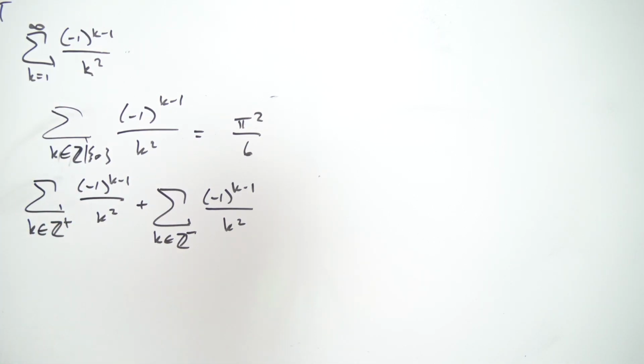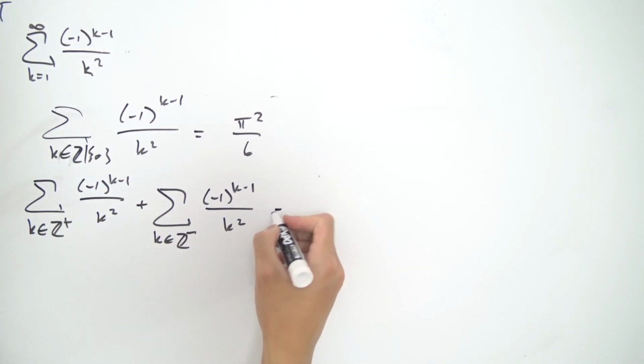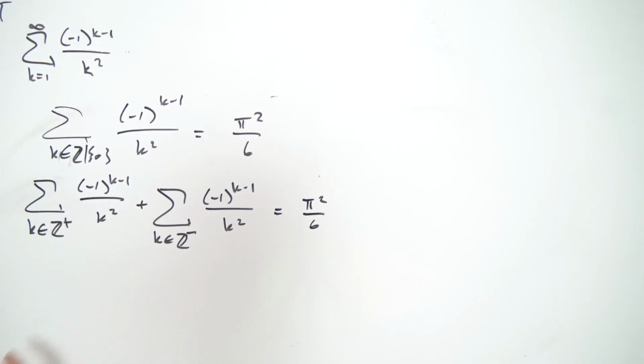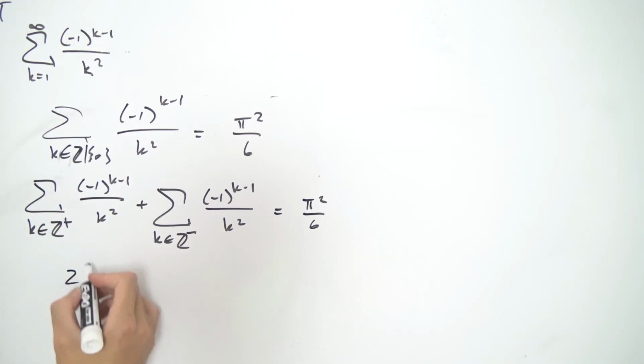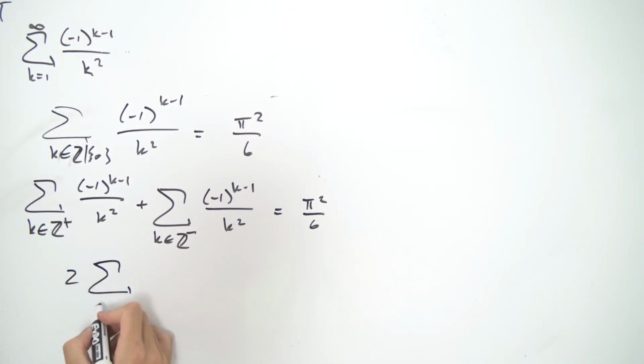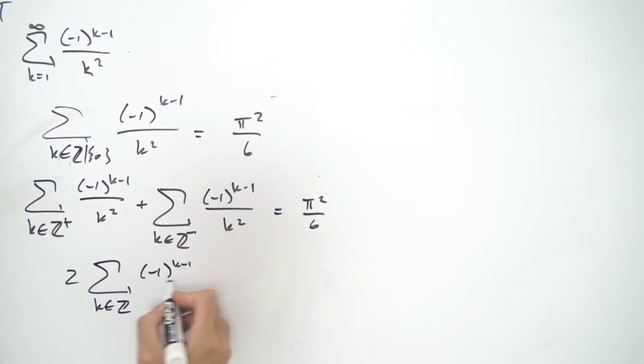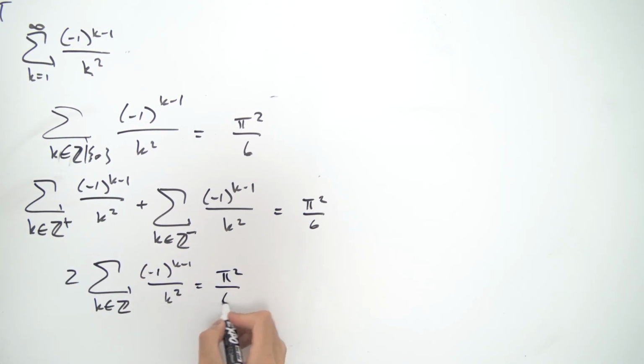We know that these two sums are going to be the exact same thing, and this is equal to pi squared over 6. So we can combine these two together since they're equivalent. So now we have 2 times the sum over the positive integers of minus 1 to the k minus 1 over k squared, and that's equal to pi squared over 6.